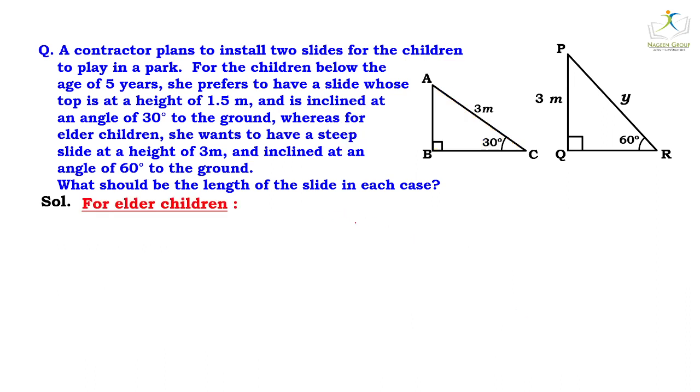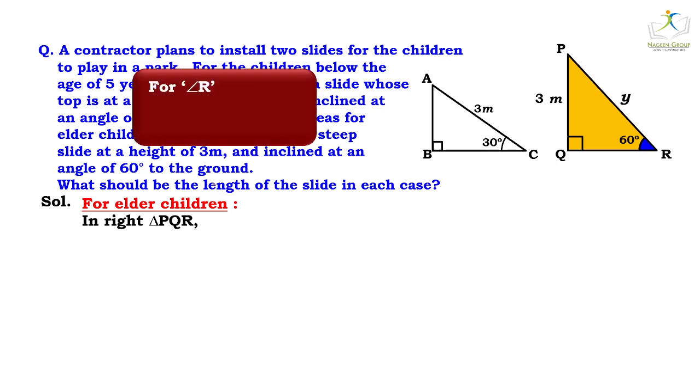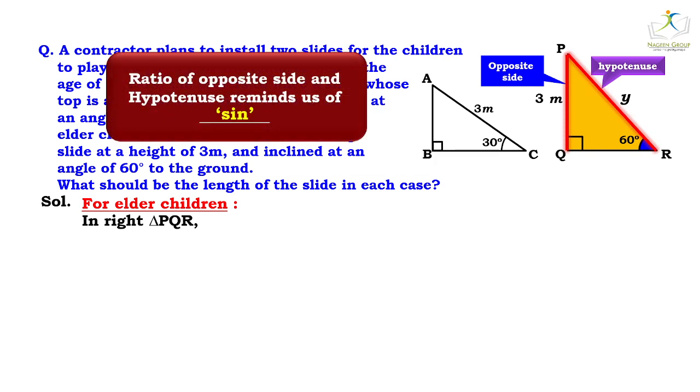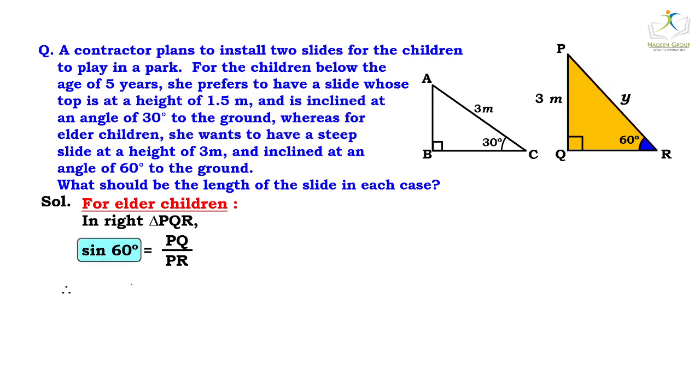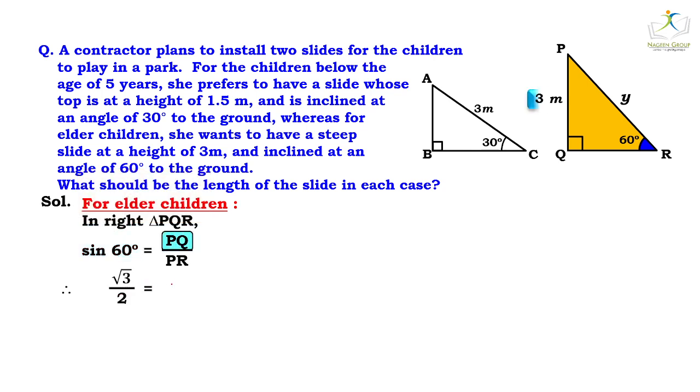Now for elder children, हमने ट्रायंगल PQR को कंसिडर किया. Observe angle R here, it's 60 degree. So for R, अपोजिट साइड 3 मीटर होगा, हाइपोटेन्यूज y होगा. तो रेशियो क्या होता है, परपेंडिकुलर डिवाइड बाय हाइपोटेन्यूज, that is sin θ. Sin 60 किसके इक्वल होगा, परपेंडिकुलर PQ डिवाइड बाय हाइपोटेन्यूज, that is PR. Sin 60 की वैल्यू √3/2, PQ is here 3 and PR is y, right?